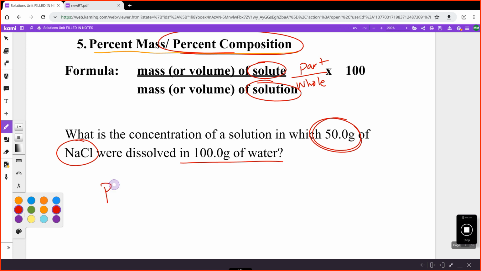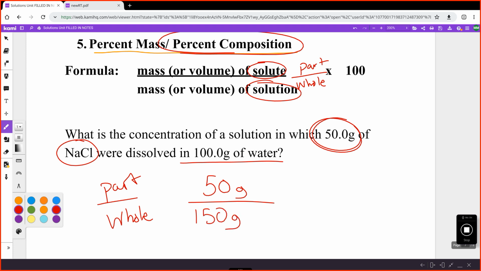Part over the whole. The part is simple. It's 50 grams of dissolved salt is my part. The whole thing is 50 plus 100. The whole thing has a mass of 150 grams.